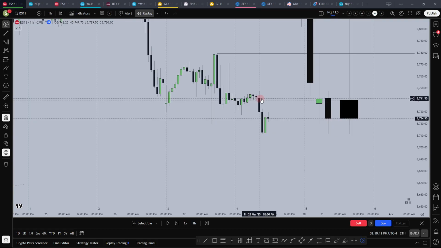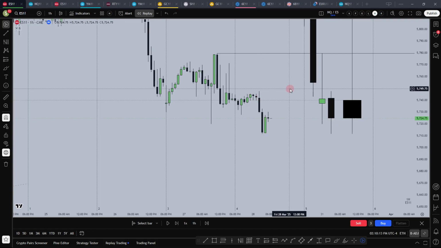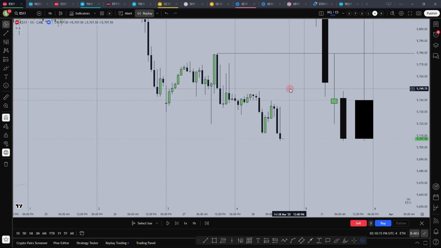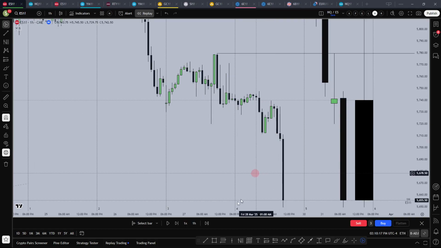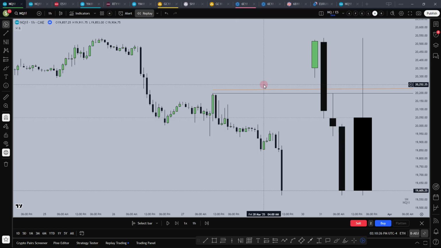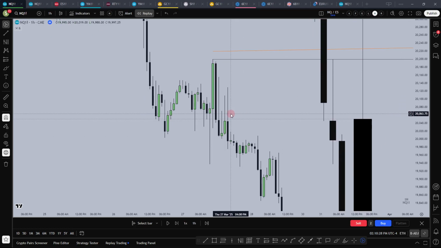Okay, one example of London reversal. Let's see if it stays. Yes, it stays. London forms the high of the day. S&P there. Yes, S&P nice.